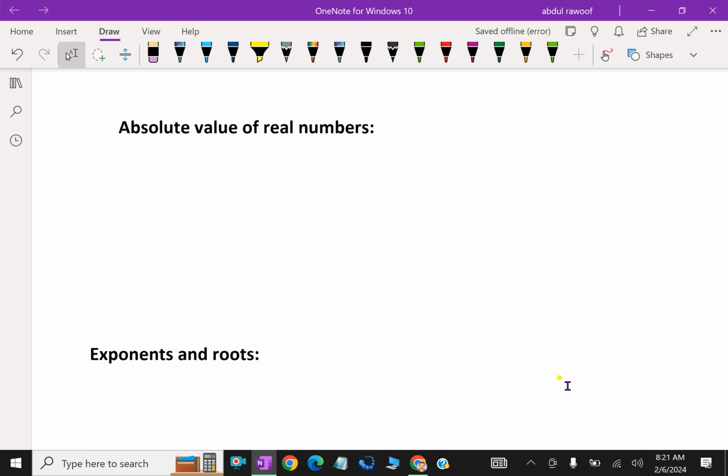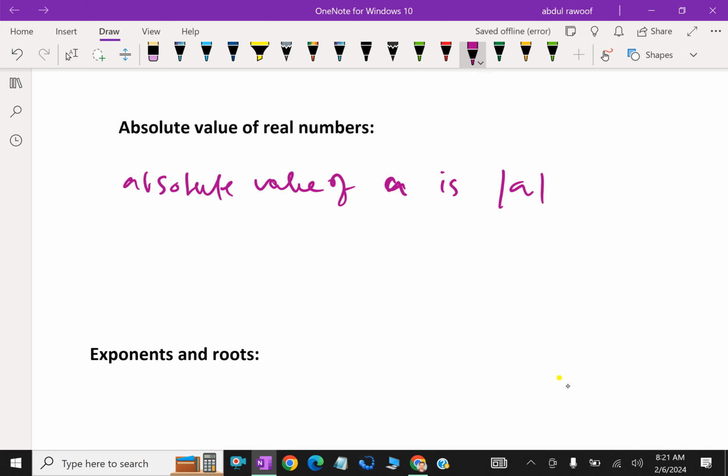The absolute value of a real number A is represented by mod A or absolute A. That means the absolute value of any negative or positive number is always positive.